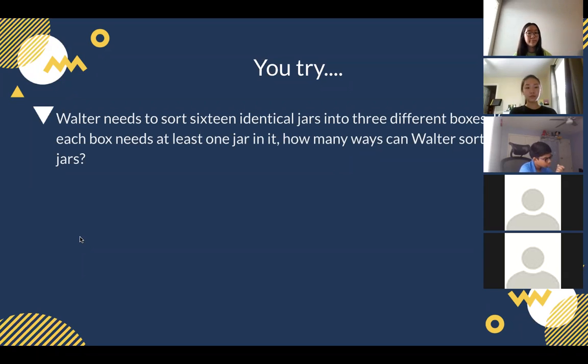It says that each box needs to have at least 1 jar in it.